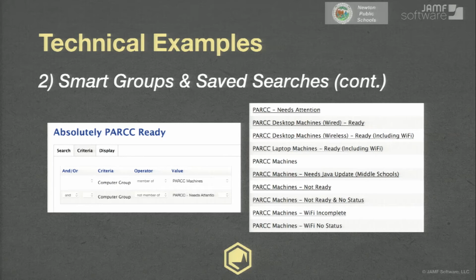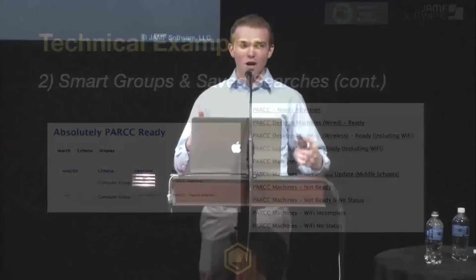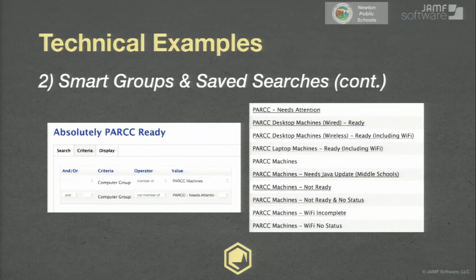So basically anything that didn't have a problem after running the park policy. And you can see some examples of other saved searches we had in smart groups, all for different variations of policies and different groups of machines, all of which were in use as part of this whole deployment.